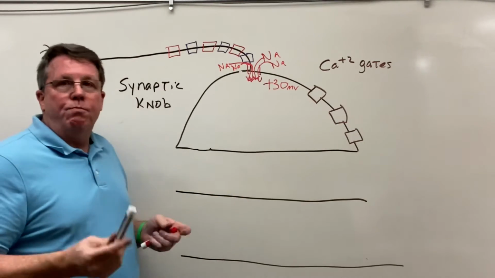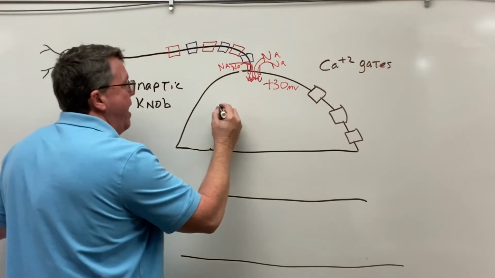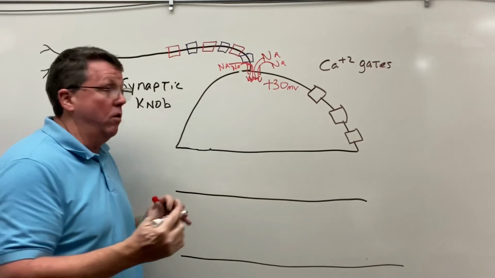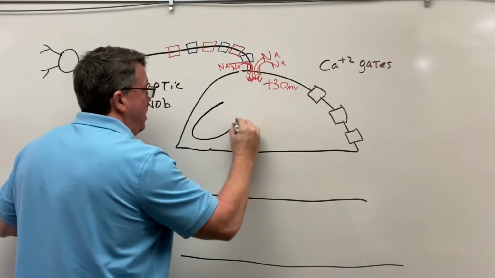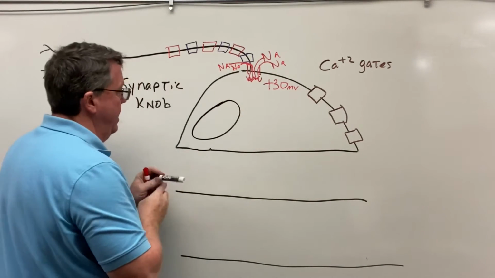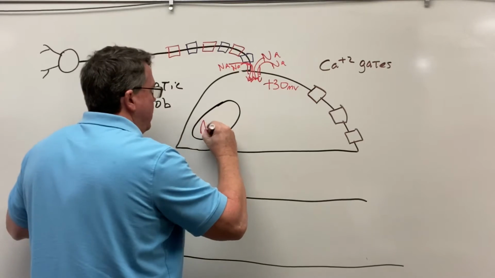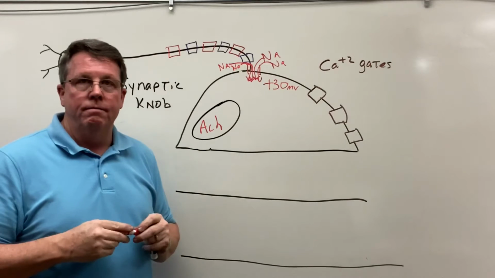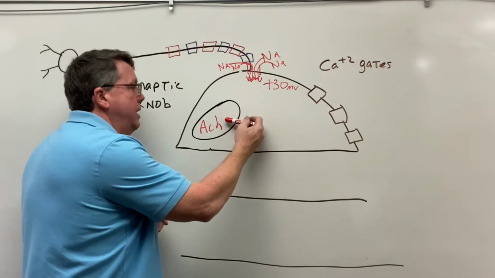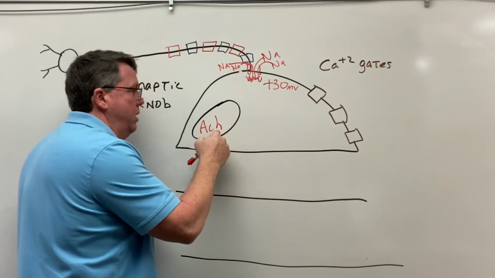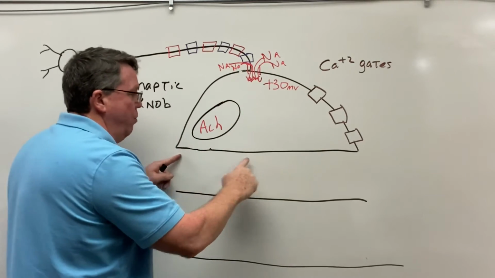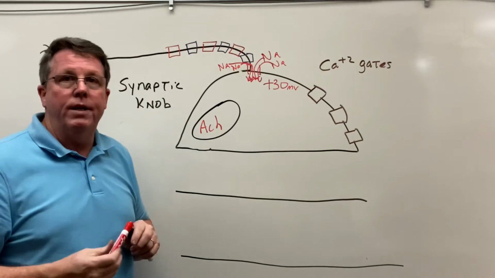Because we're dealing with muscle and the synaptic knob, and you have hundreds, possibly even thousands of these vesicles, but I'm just going to draw one. We have a vesicle on the inside, and the vesicle contains a neurotransmitter called acetylcholine. Remember, this part here is black because it's made up of the cell membrane. That's why I left it like that, and it's going to be important in a minute.